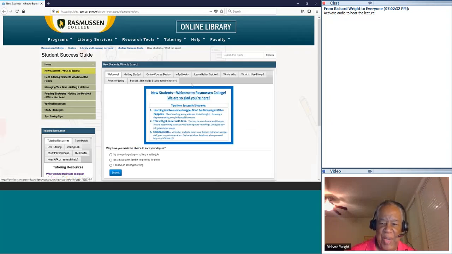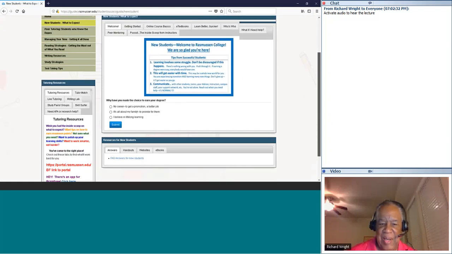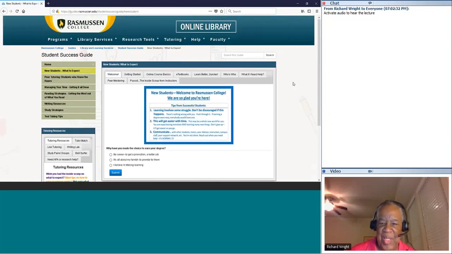It explains the things that you need to know and understand. There are all of these tabs. You click on them, and then they help you. And you can utilize this. It tells you about your textbooks and everything else that you need to know. So that's one source.